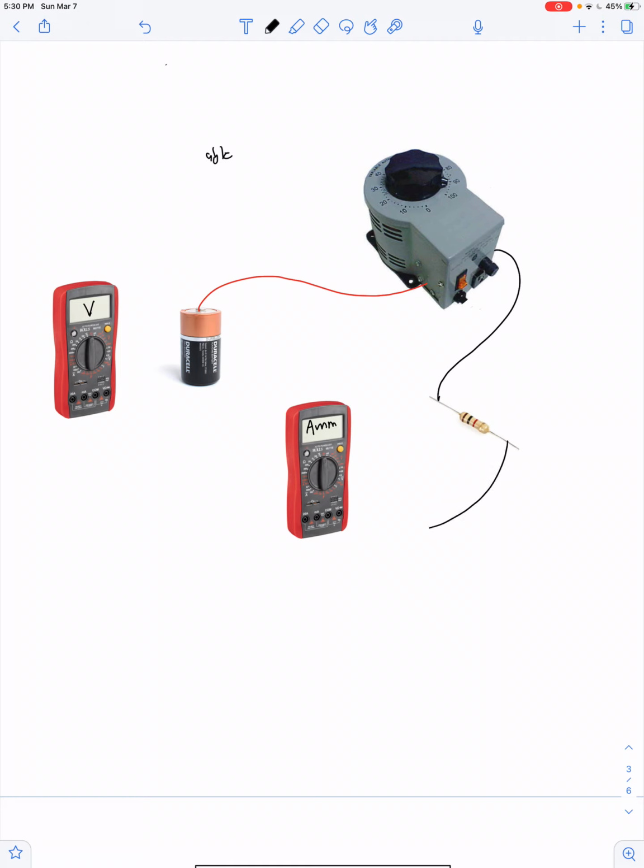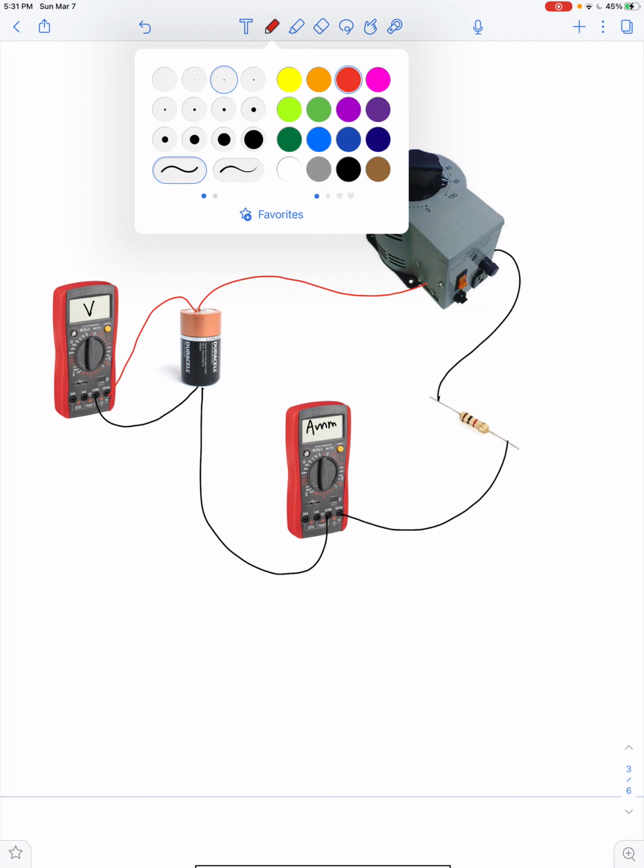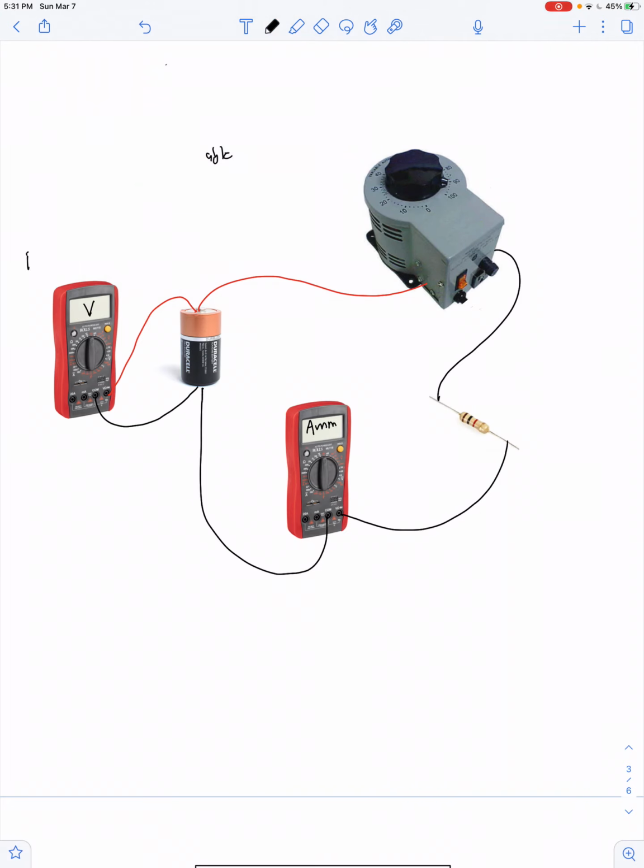I say almost all the components because the voltmeter is not included in this series loop. The voltmeter is connected in parallel across the terminals of the battery. And by the way, a voltmeter has a very large internal resistance to it.